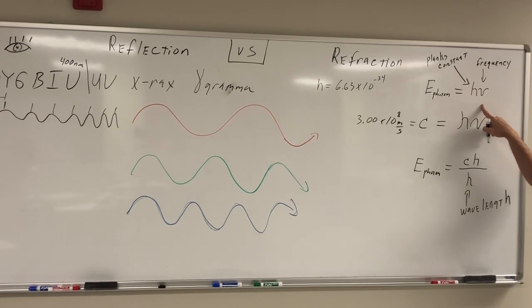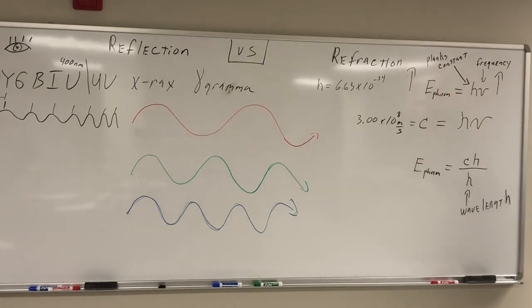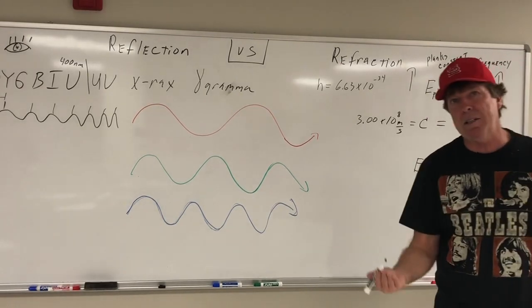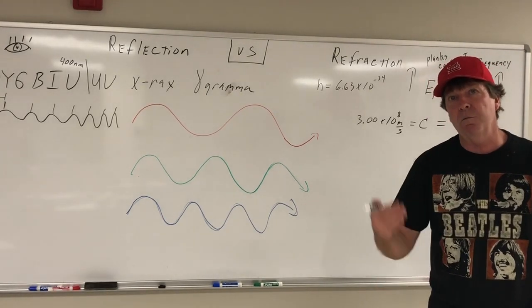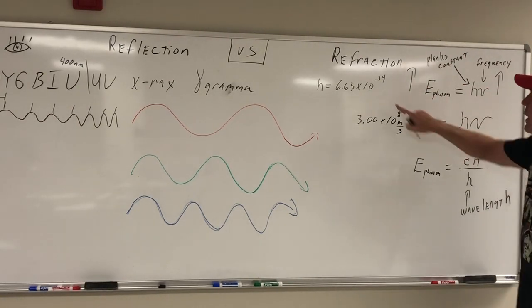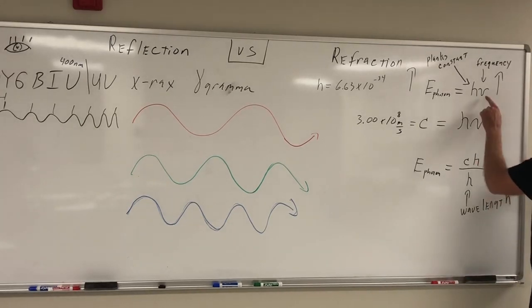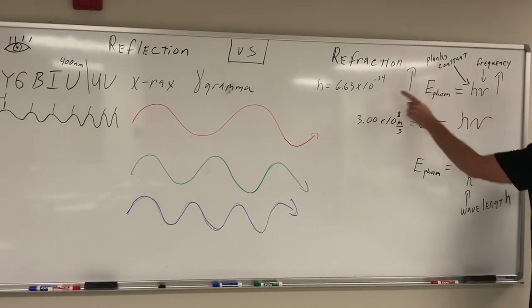Also, to state the obvious, as frequency goes up, the energy of the photon goes up. So this mathematically expresses that direct relationship between frequency and energy. Well, Planck's constant, again, small number, but what are the units here?